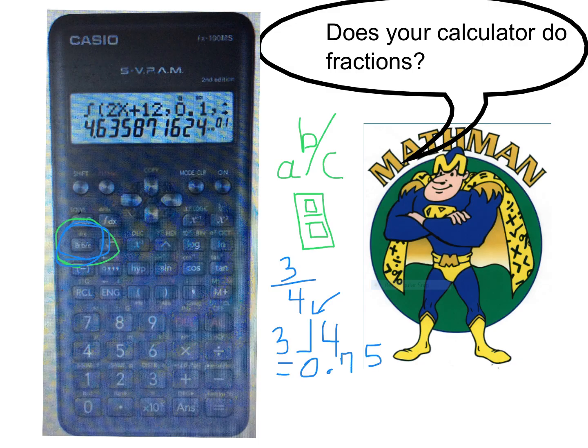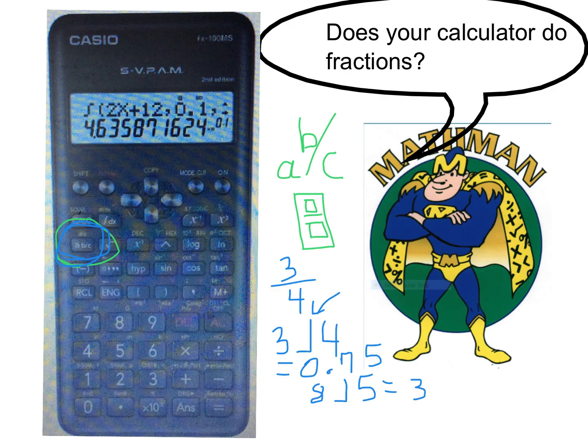And you can go back and forth between the decimal equivalent, the fraction, and also if your fraction happens to be an improper fraction where the top is bigger than the bottom, so say we have 8 over 5, it will also write that out for you in mixed form.